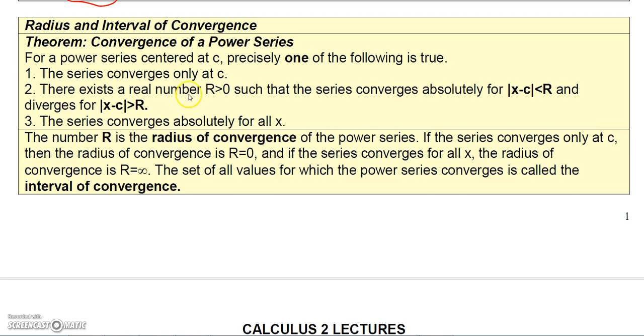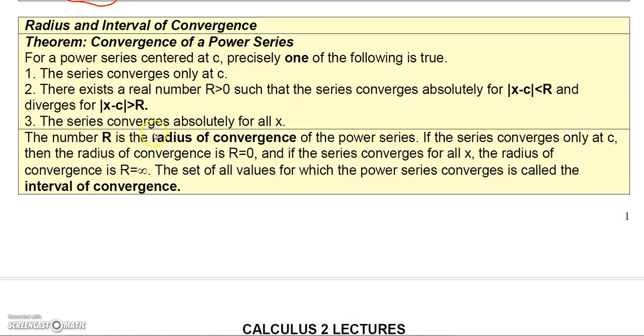Now, in this case, the interval of convergence would be: x falls between c minus R and c plus R. Here, if it converges absolutely for all x, the interval of convergence would be minus infinity to infinity, and here the interval of convergence would just be a single number.